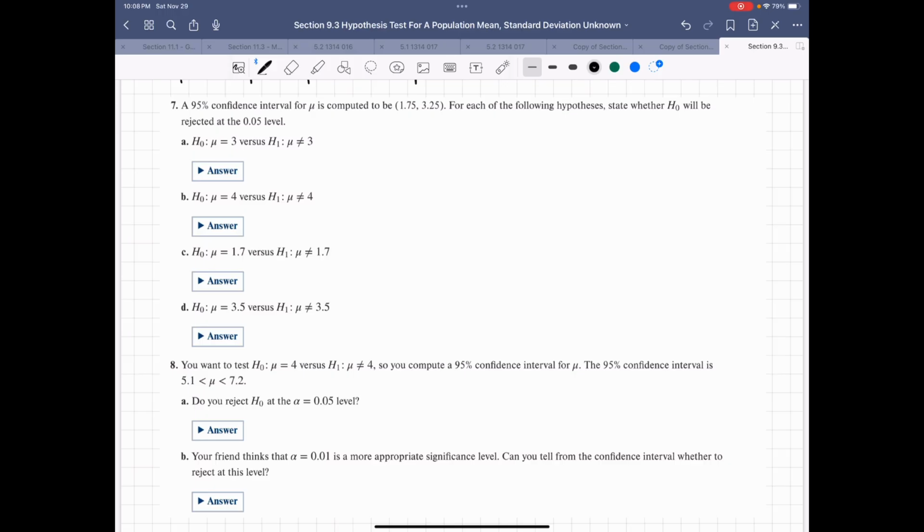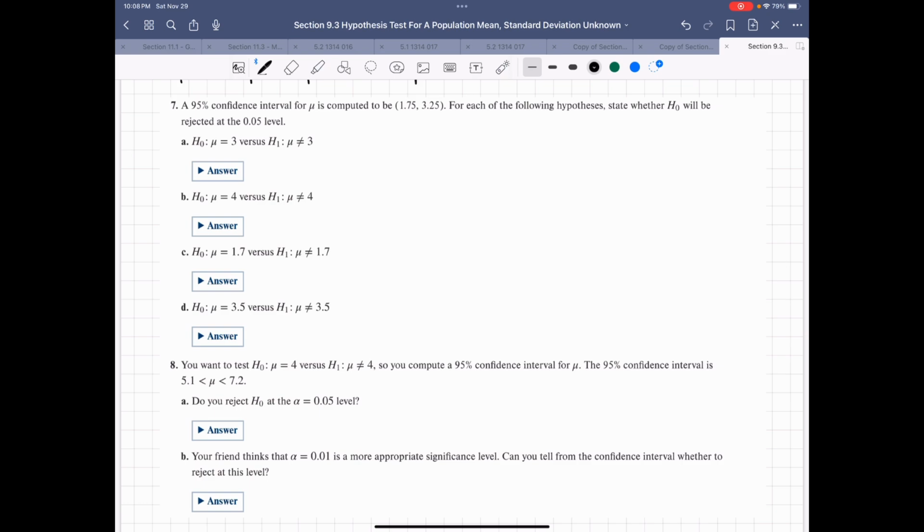So a 95% confidence interval for mu is computed to be 1.75 to 3.25. For each of the following hypotheses, state whether the null hypothesis will be rejected at the 0.05 level. Mu equals 3. Does 3 fall in that interval of 1.75 to 3.25? It does. So will the null be rejected?